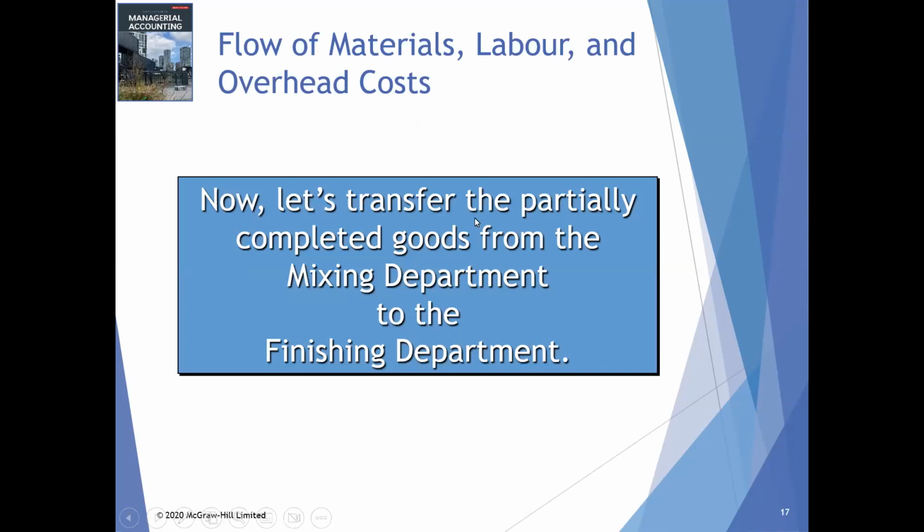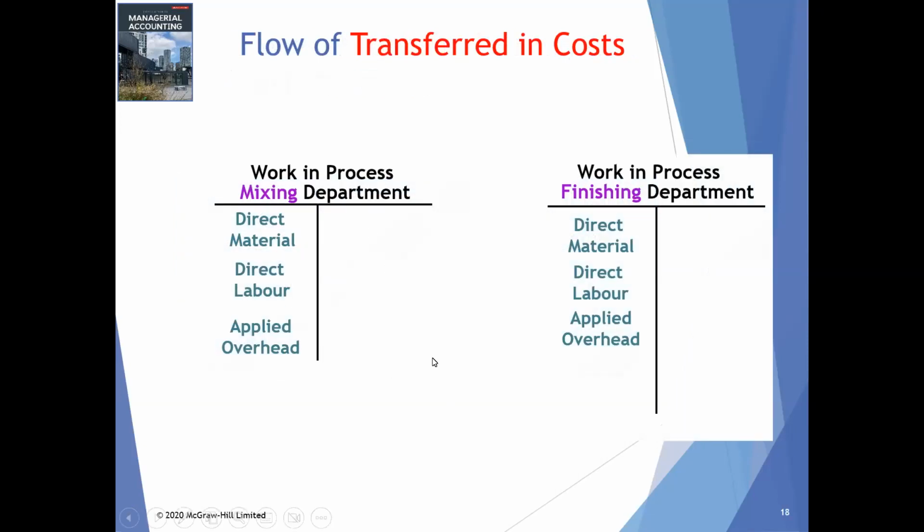So now the flow of material, labor, and overhead cost. Now let's transfer the partially completed goods from the mixing department to the finishing department. So how to transfer? Let's say we have work in progress here, and this is also work in progress. So work in progress is the mixing department, and here work in progress for the finishing department.